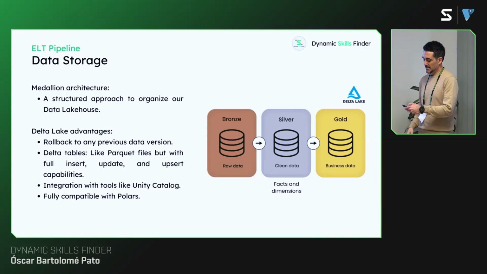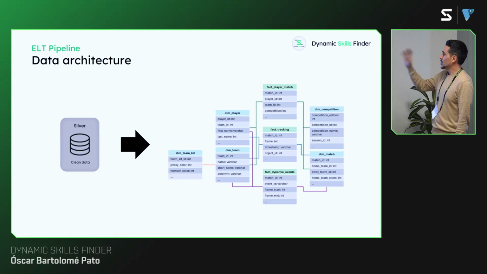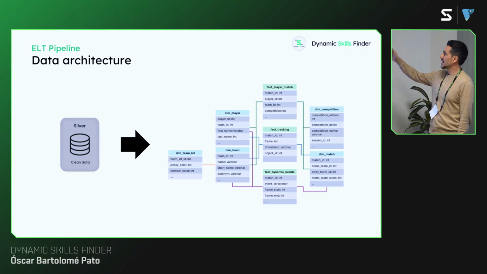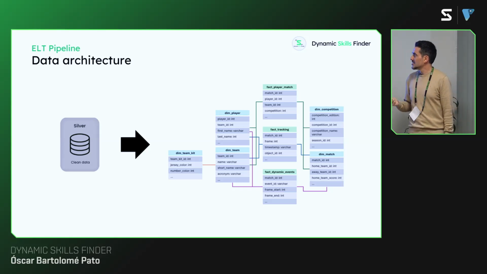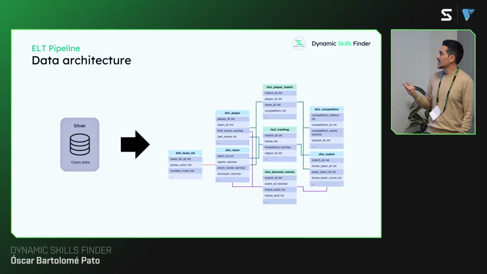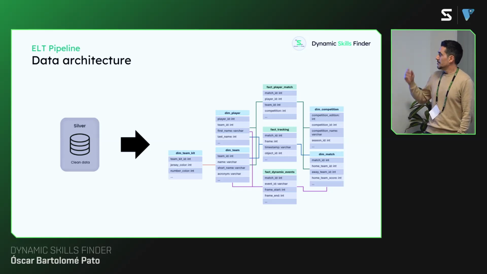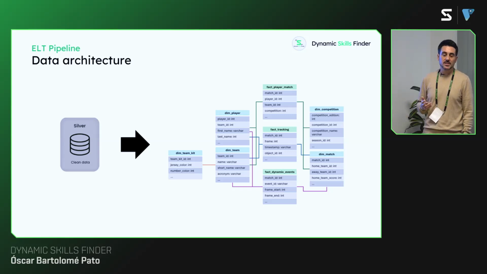So let's see in detail. Okay, as you can see here, it consists of 3 main central fact tables. The first one, fact player match, contains 1 row per player and match, detailing minutes played, goals, cards, all match-specific stats. Fact tracking, as its name implies, stores all the tracking data.